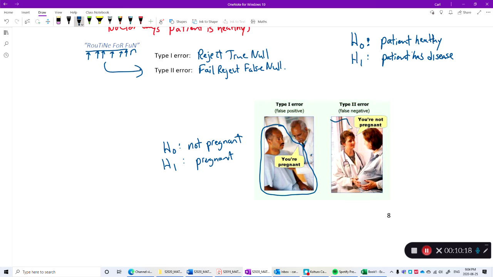And this doctor is saying, no, you're not pregnant, even though clearly there's something going on here. So this doctor is failing to reject the null hypothesis, even though it's false. So, fail to reject the false statement that H0, you're not pregnant.